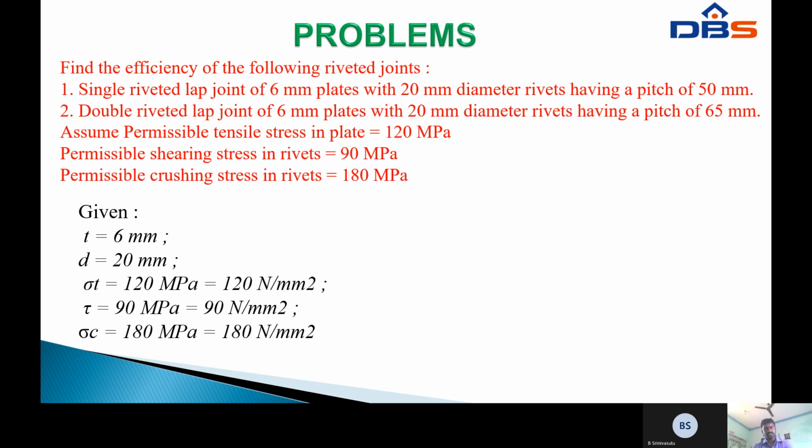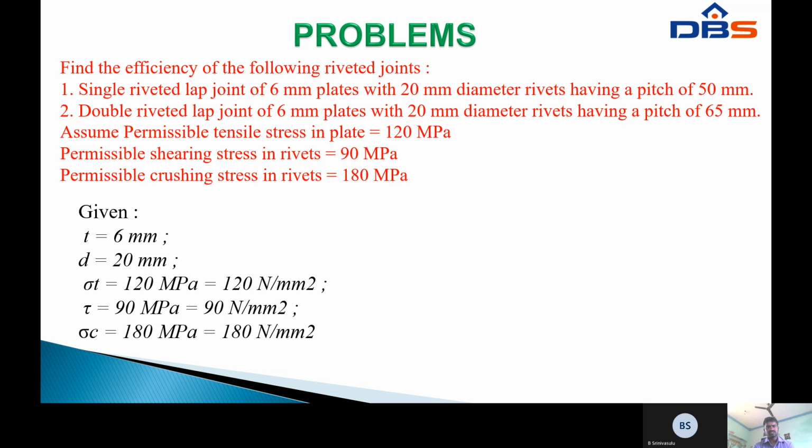This is the problem. We can solve it using the data book. First of all, write down the given data. t equals 6 mm, the thickness of the plate. d equals 20 mm, the diameter of the rivet hole. Sigma t, the permissible tensile stress, equals 120 megapascal, which by unit conversion is 120 newton per mm square.